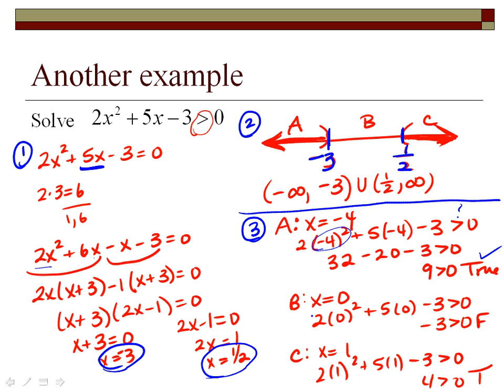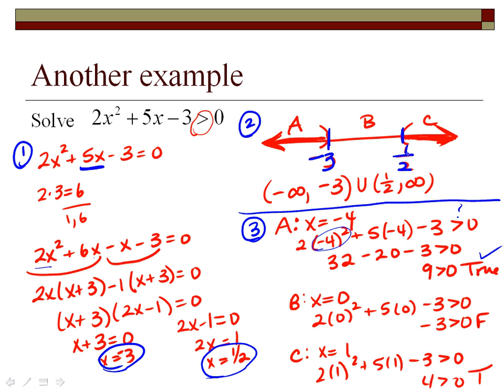Then we have to plug in a number between negative 3 and 1/2. If 0 lies in the region, that's my favorite number to use. So we're going to plug in 0. 2 times 0 squared, that's 0. Plus 5 times 0 is 0. Minus 3 is negative 3. But negative 3 is not greater than 0, so that one is false.